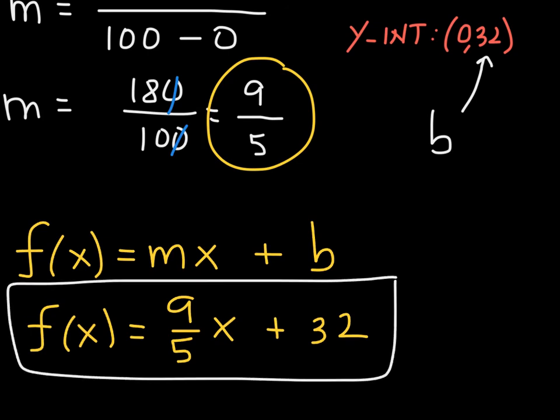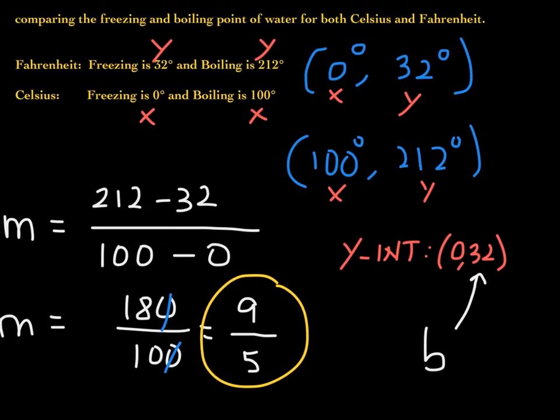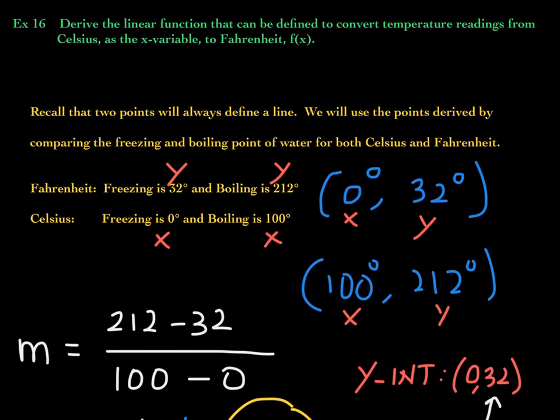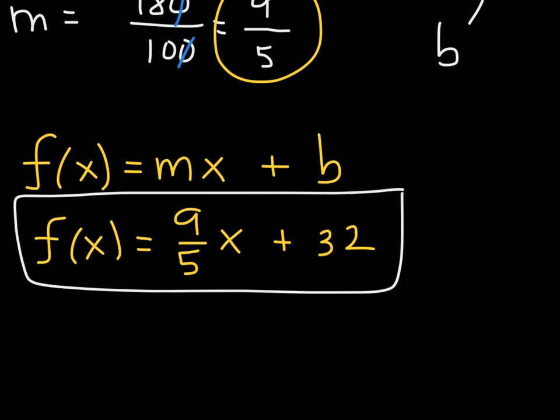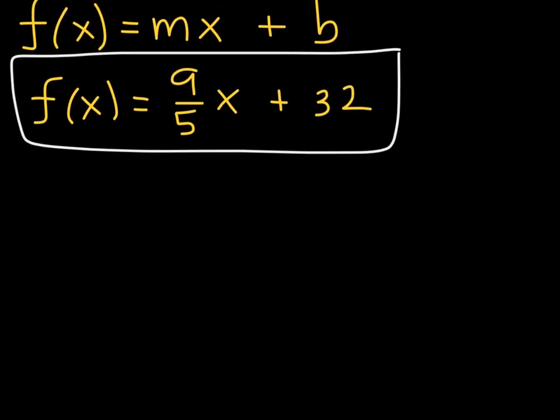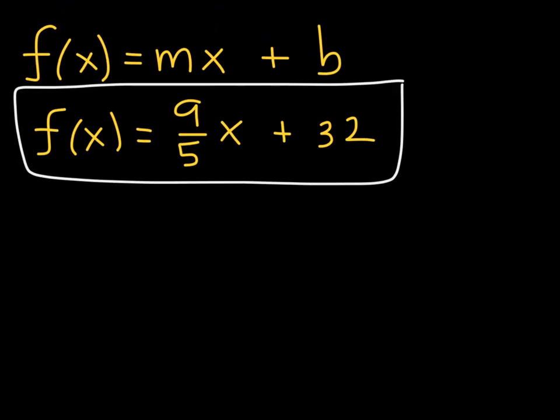We derived, let me scroll back up for you, a linear function that can be defined to convert temperatures from Celsius to Fahrenheit. So what we just did is we found a linear function that takes you from Celsius to Fahrenheit.